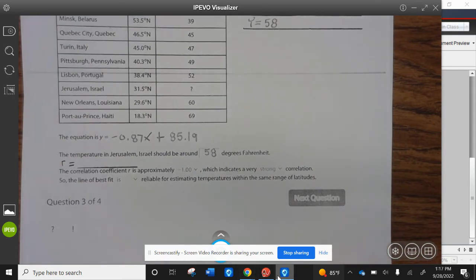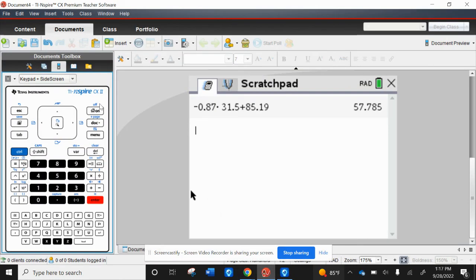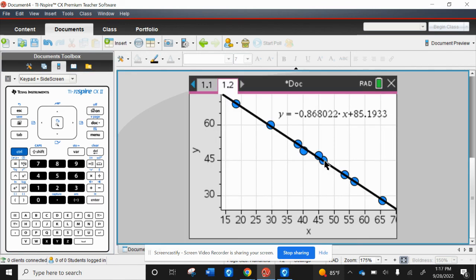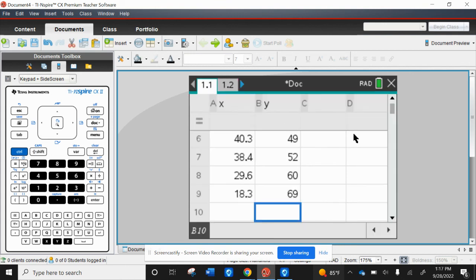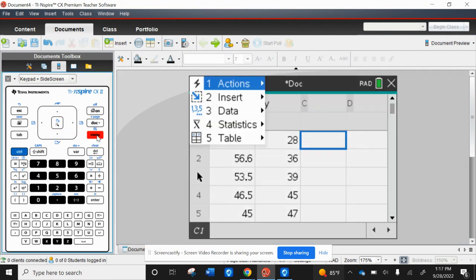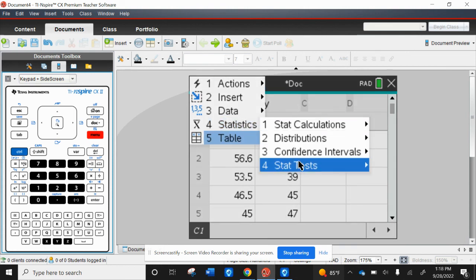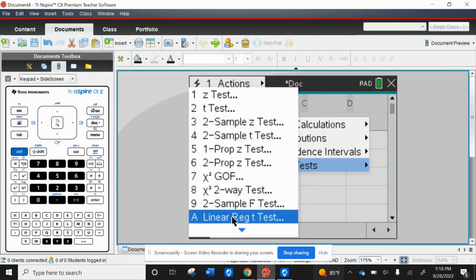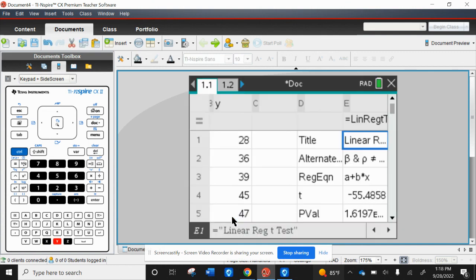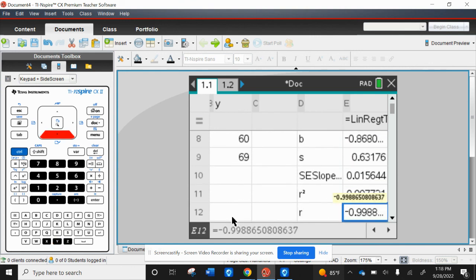So again, we go back to the calculator. Okay, we're going to go to On and then go to Current. We need to go back to the 1.1. We're going to go back up to C1 and then go to Menu, Statistics, Stat Test, Linear Regression T-Test, X, Y, enter, and then we're going to go down to the R value.